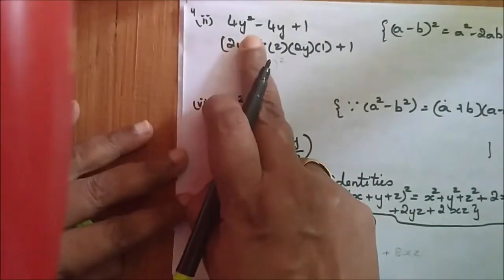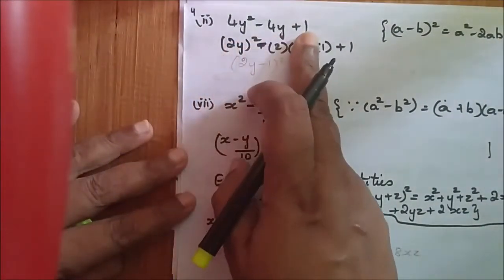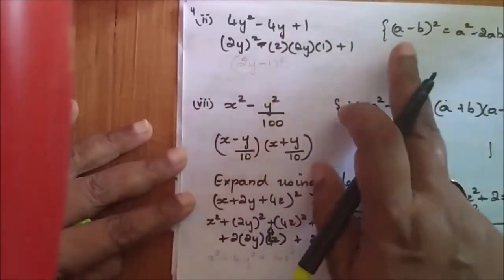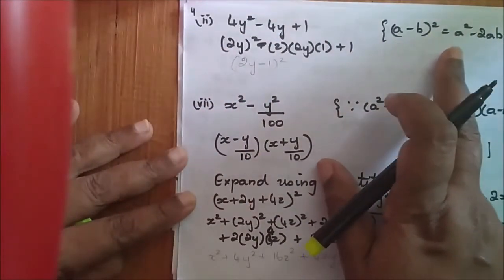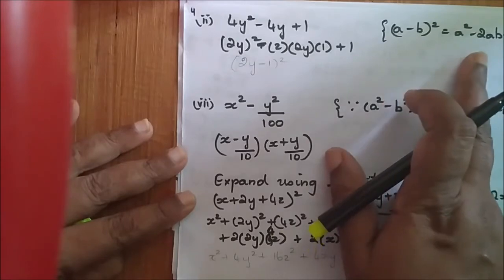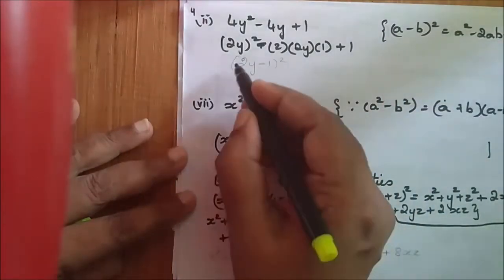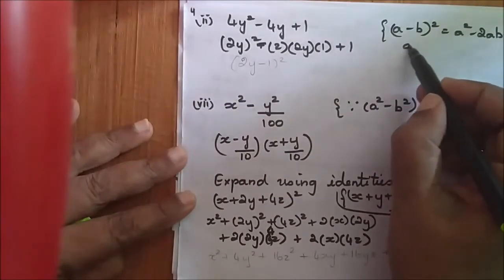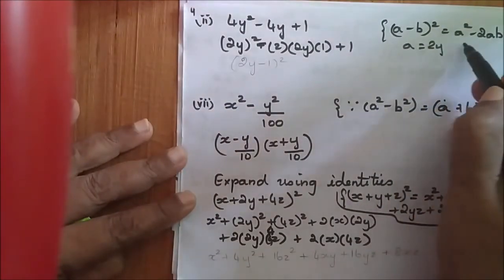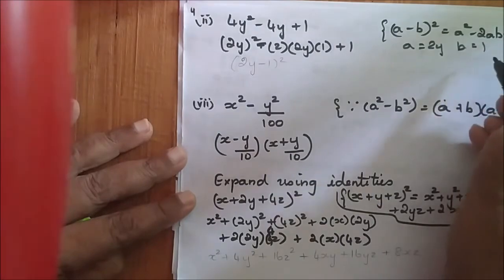Now 4y squared minus 4y plus 1. This resembles the identity a minus b the whole squared, which is equal to a squared minus 2ab plus b squared. So my a will be equal to 2y and b will be equal to 1.